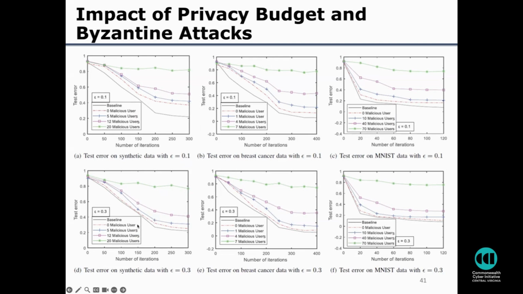When there are several Byzantine attackers, for example 5 or 12, the model can still converge, but with higher test error. Once the number exceeds the 51% threshold, the system can hardly converge. You can see this one, it hardly converges.